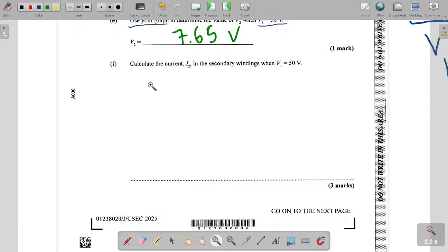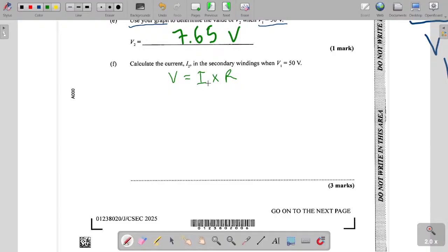So next question asks us to calculate the current I2 in the secondary winding when V1 is 50 volts. So based on our knowledge, we should know that there is an equation, V is equal to I times R. So if you remember, Ohm's law equation is this equation. However, it asks us to calculate the current in the secondary winding.